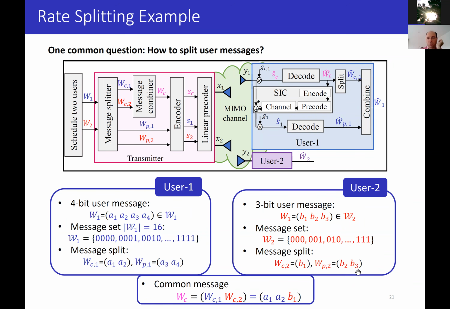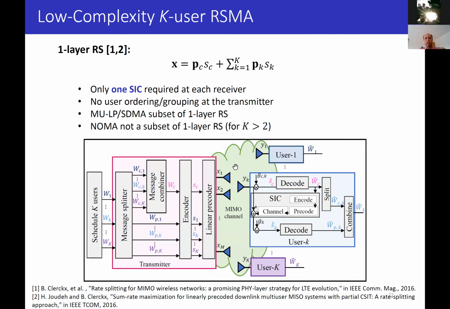And so what the receiver would do, user 1 would retrieve WC1 and WP1, so it would retrieve those 2 bits from the common stream, retrieve those 2 bits from the private stream, and recombine them to create the original message. But now you can expand this to K users. This is an example for K users.